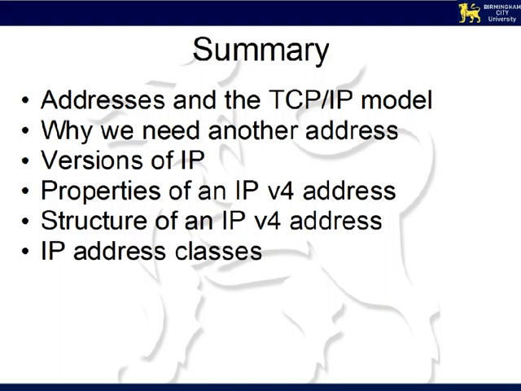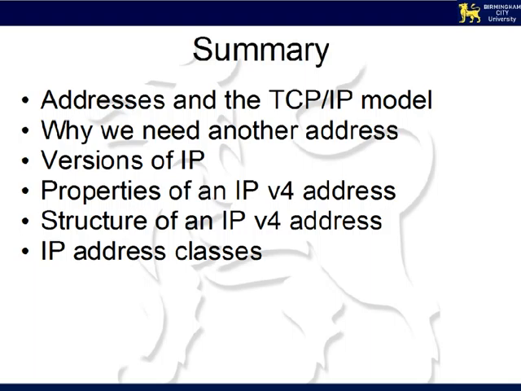We then looked at classes A, B, C, D and E of IP address, focusing in more detail on classes A, B and C. Remember, for class A addresses, the first octet must be between 1 and 127, and this would give a default subnet mask of 255.0.0.0.